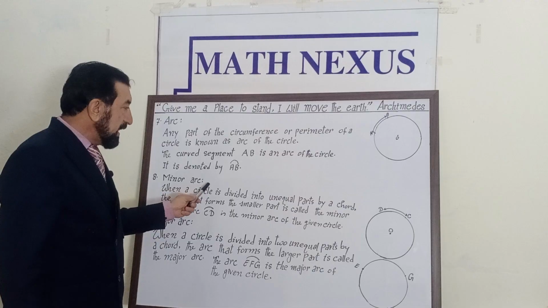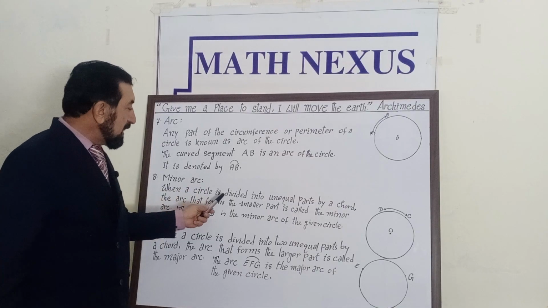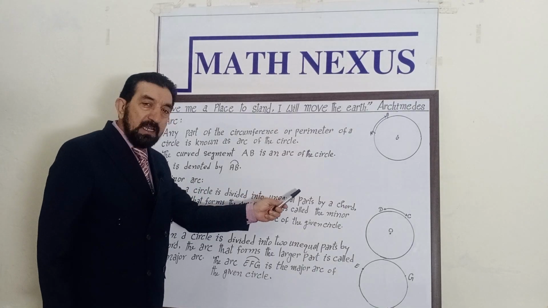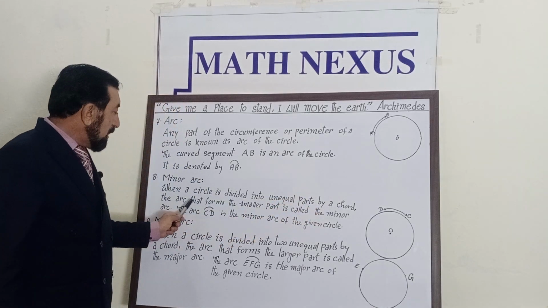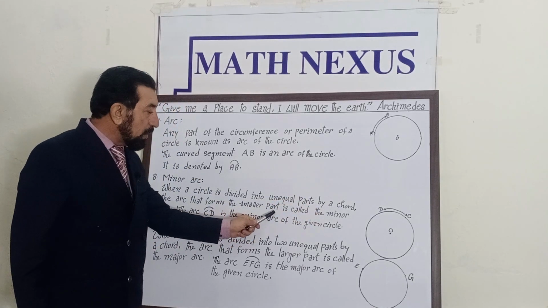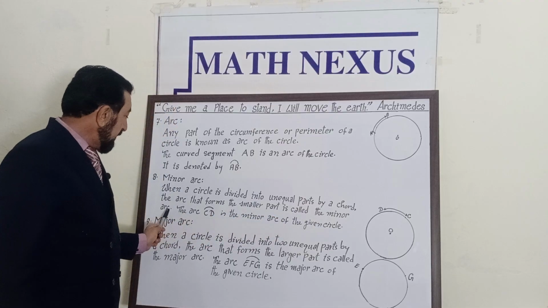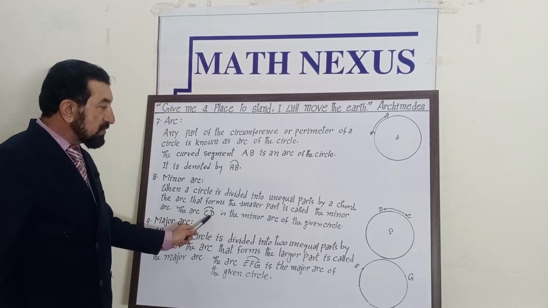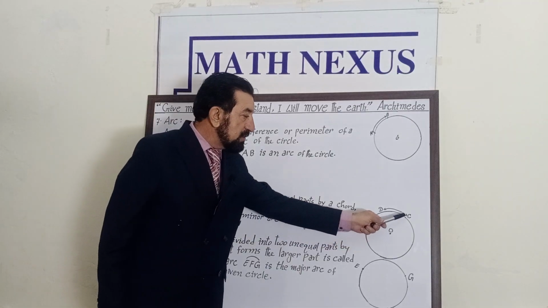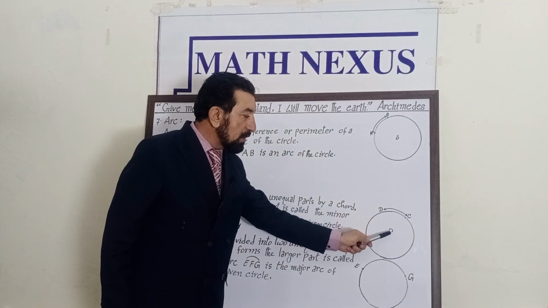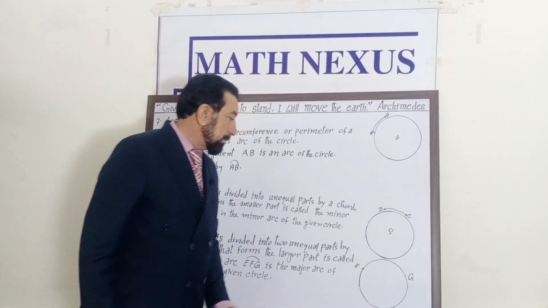What is minor arc? When a circle is divided into unequal parts by a chord, the arc that forms the smaller part is called the minor arc. The arc CD is the minor arc of the given circle.